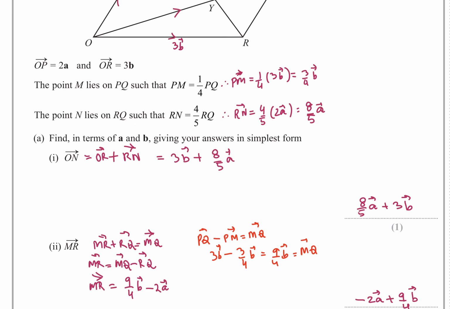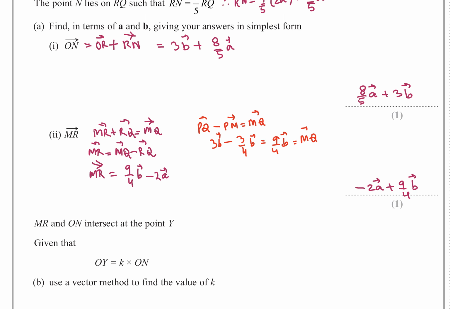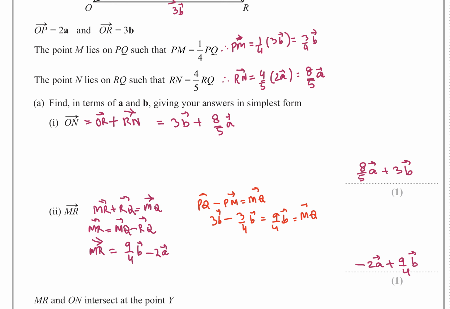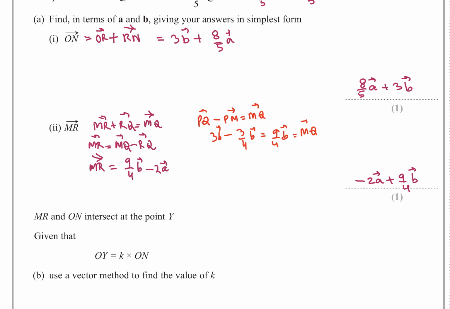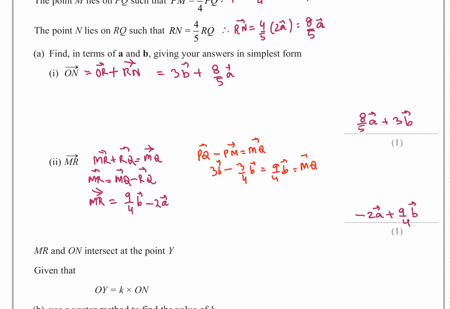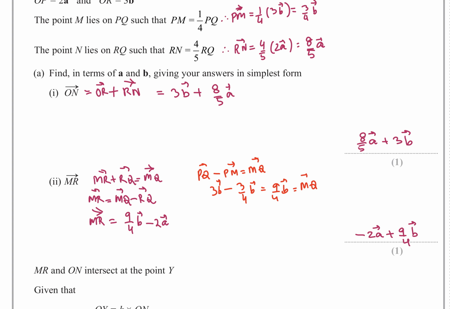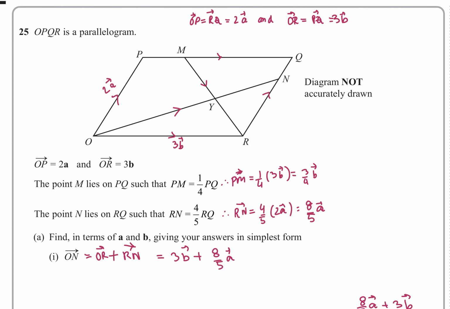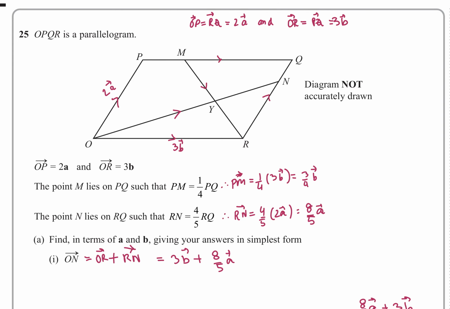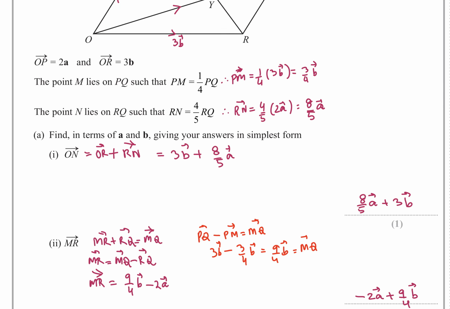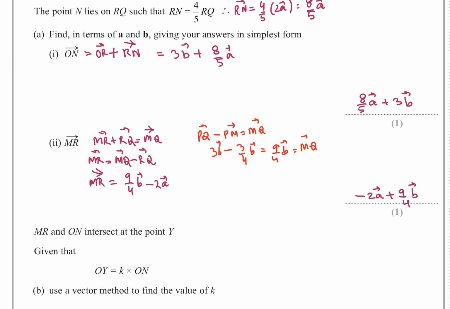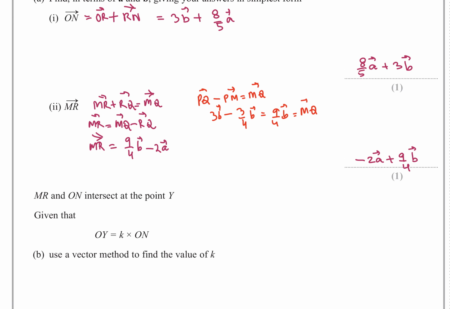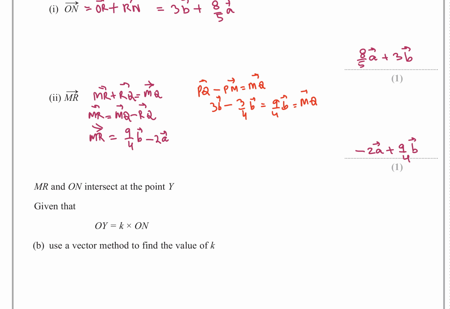Now the next bit is a little bit complicated. The hint is that they've asked us to find OR, ON and MR before. So we need to use those values of MR and ON to find what K is. They've given us OY is K times ON.